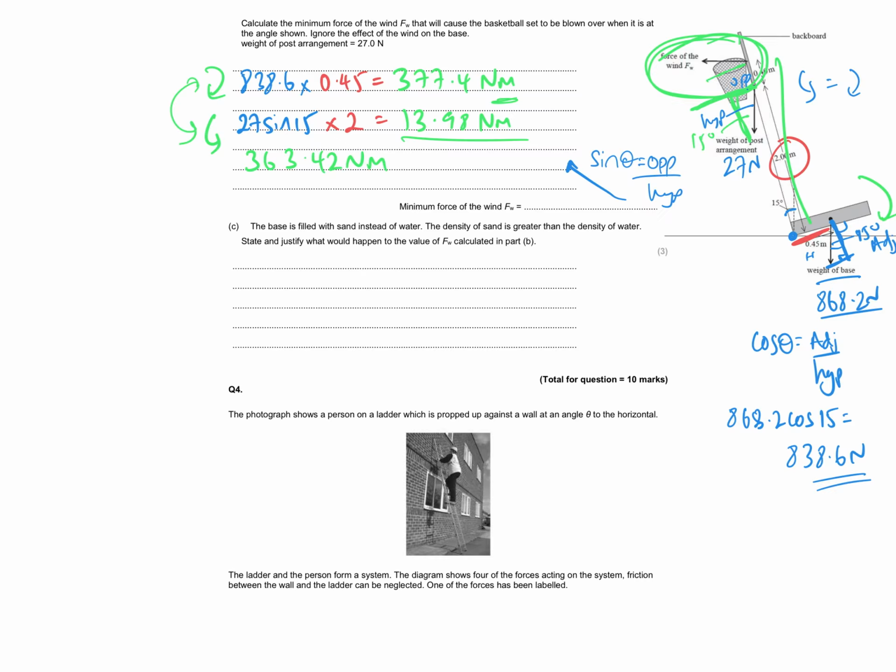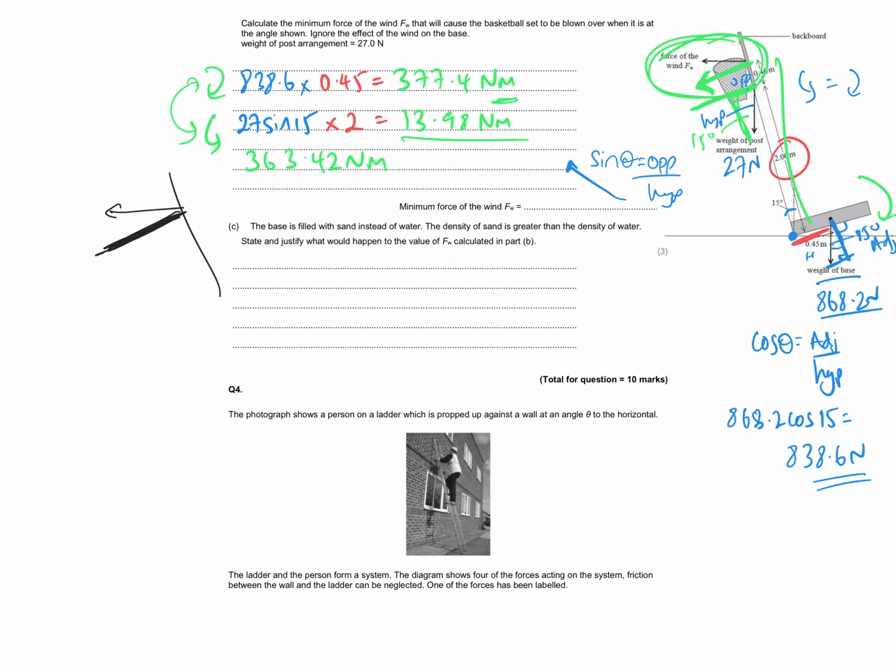Now, that of course is force times perpendicular distance. So that moment is being caused by that force just here. And we then need to find, crikey, the force of the wind. I'm going to redraw that triangle slightly so we can see it a little bit clearer. So we know that we've got the force there.